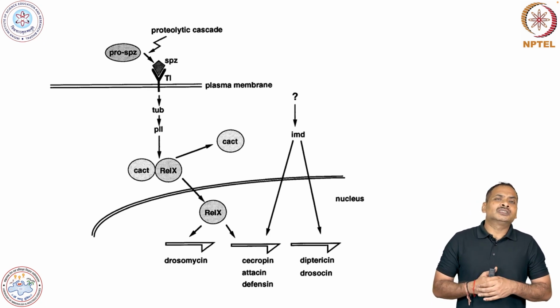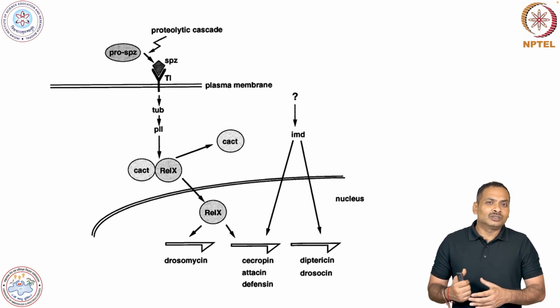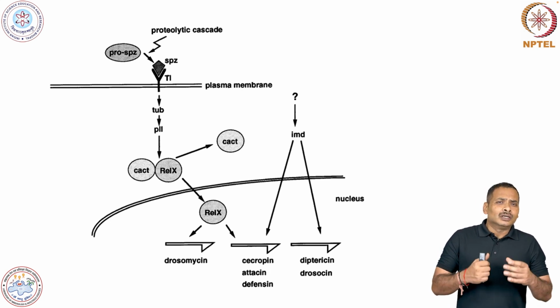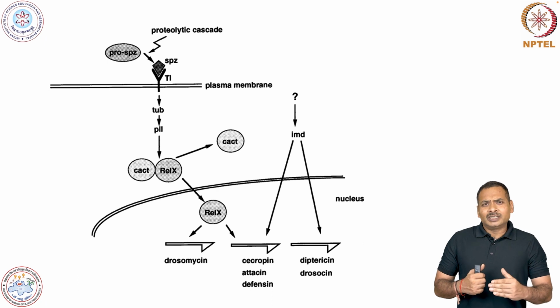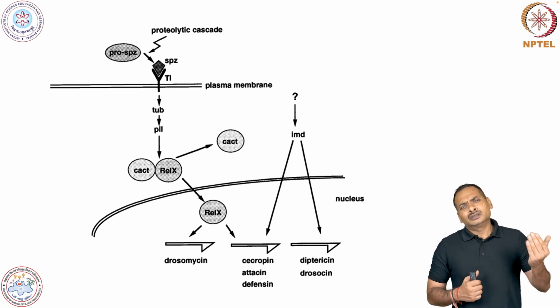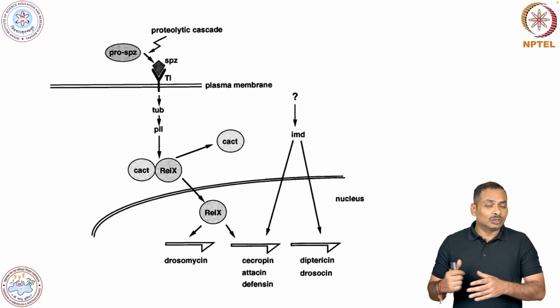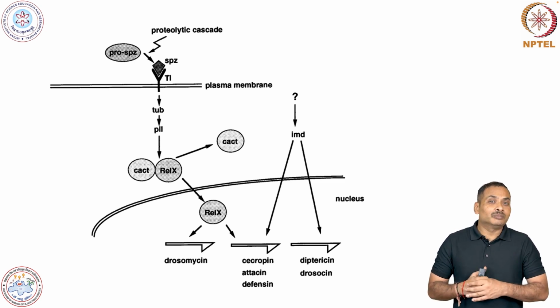These two proteins play quite an important role in development of antimicrobial immune responses in Drosophila. Please note that previously these two proteins were reported to play an important role in dorsoventral patterning in the Drosophila embryo.